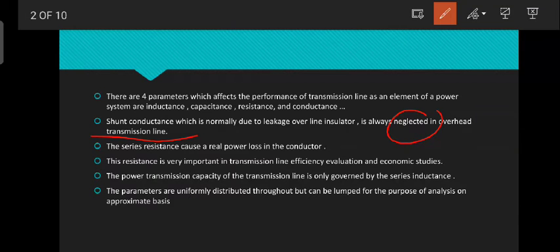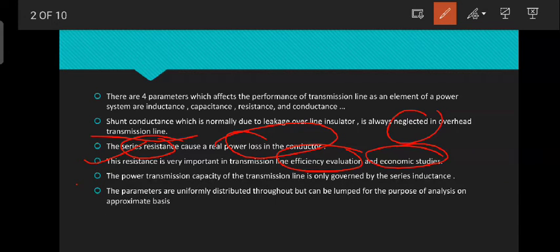The series resistance causes real power loss. There is a series resistance which is distributed over the transmission line, and this causes the power loss in our overhead conductor. Resistance is very important in transmission to determine efficiency and for economic study.